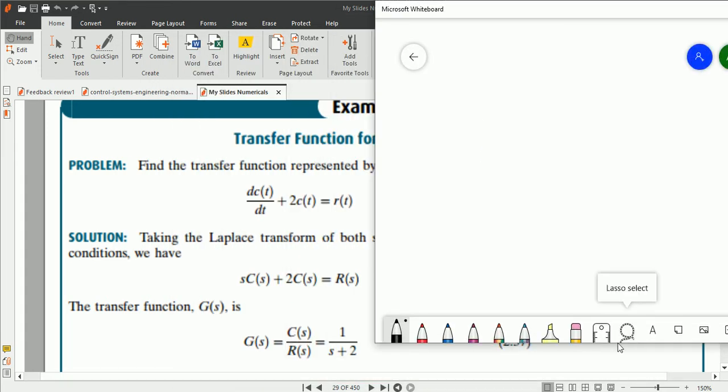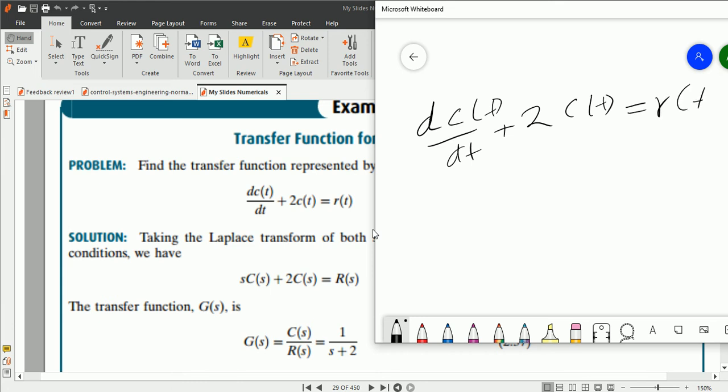You have the differential equation here: dc of t over dt plus 2 into c of t is equal to r of t. Now take its Laplace. For the derivative we will have s into C of s, initial conditions are 0, so minus 0, it will be nothing here.